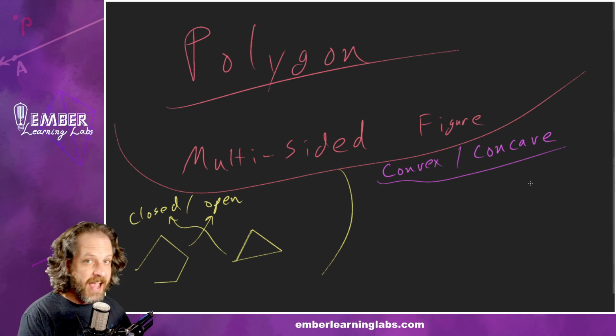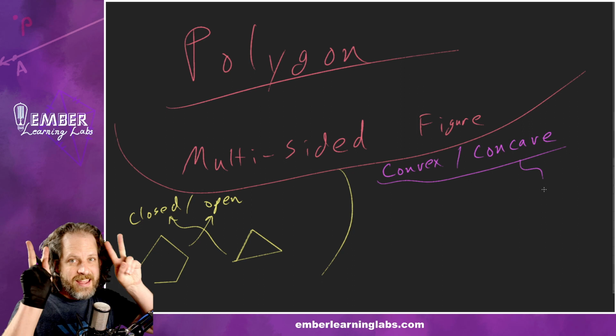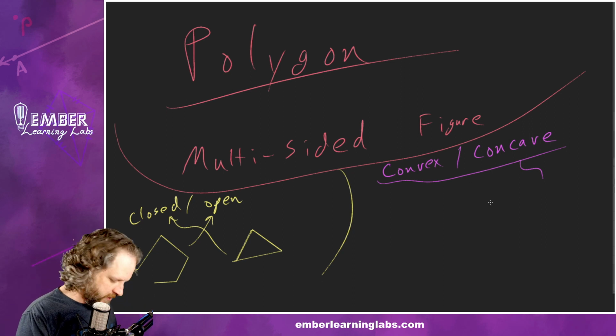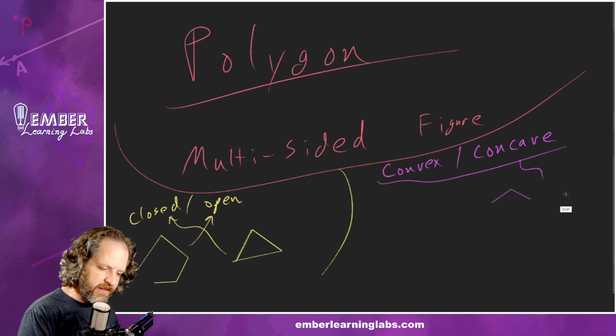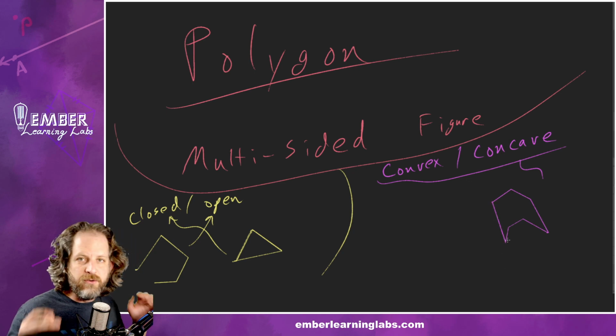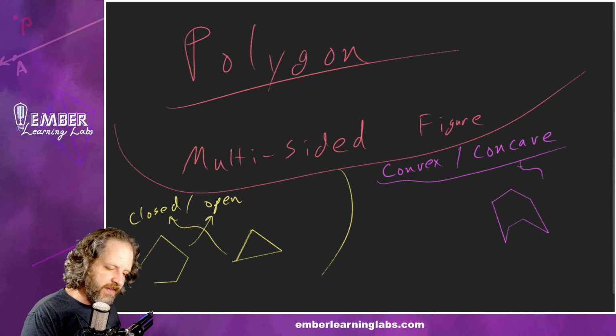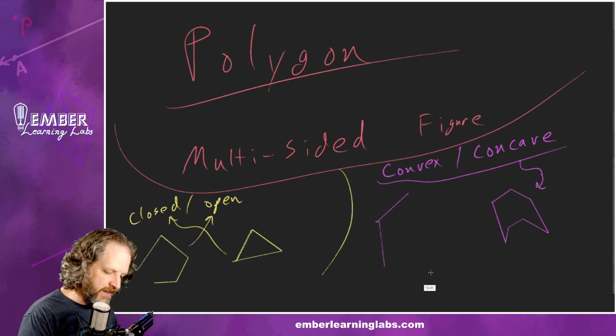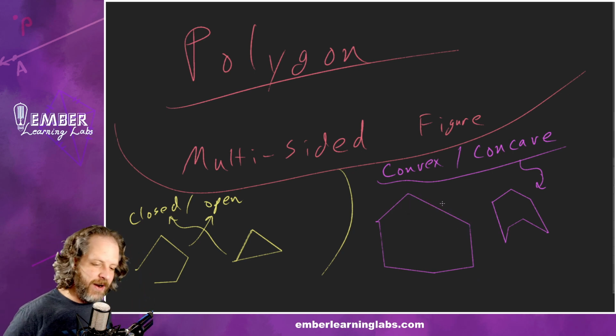When you think of concave, you think of a shape with a cave in it. So something like this, let's put the cave right there. See, we've got a little cave happening. So it goes in somewhere. That's concave. Convex is anything that doesn't have a cave in it.